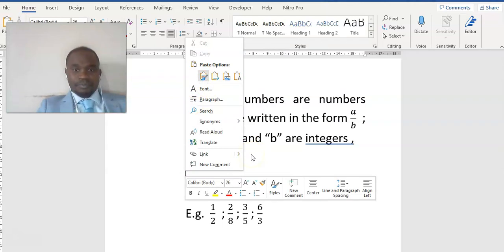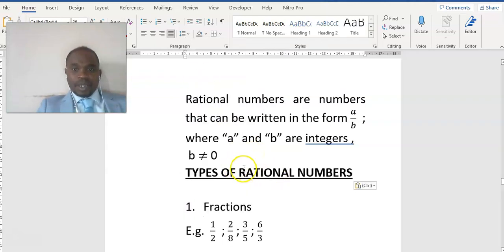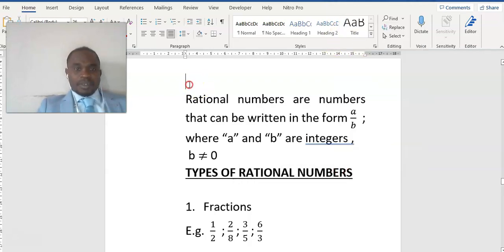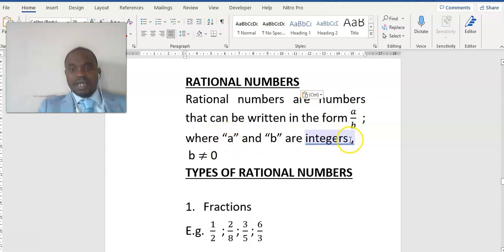So let's look at the definition here. We say rational numbers are numbers that can be written in the form a over b, where a and b are integers, and b cannot be equal to 0.